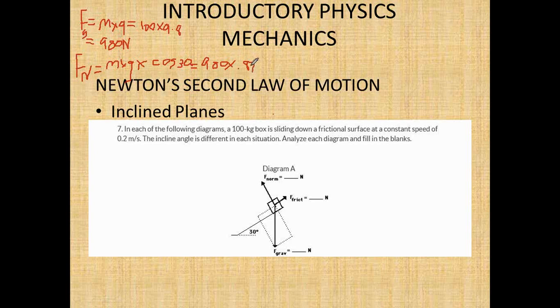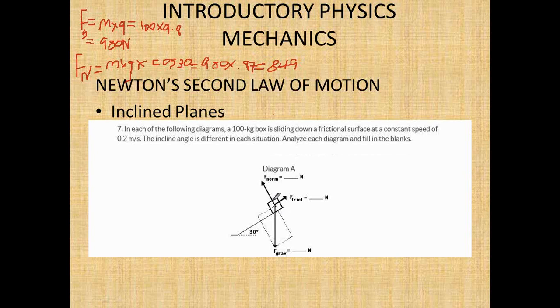Okay, use your calculator, look for cosine of 30, 0.87, and that's going to be 849. So your normal force is 849. So you see, for an object on an incline, the normal force is always less than the force due to gravity. Okay? Because it's a component.